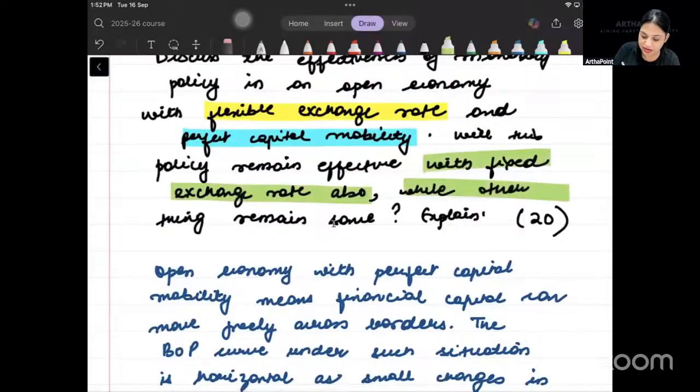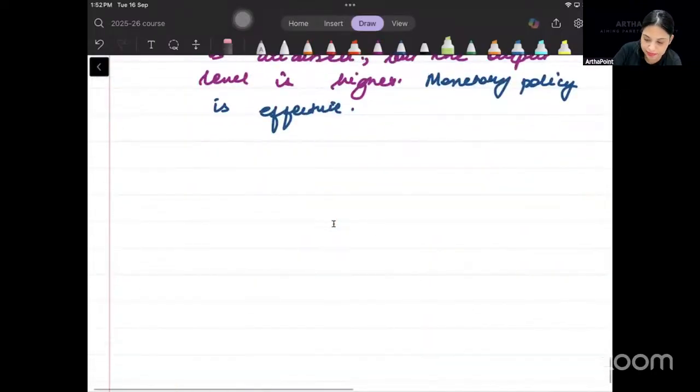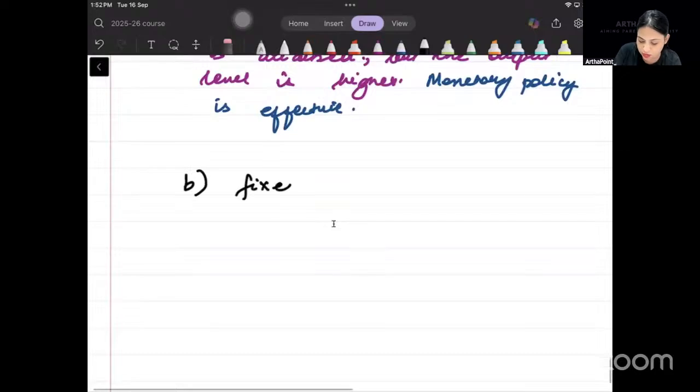Right? Now the question says, will this policy remain effective with fixed exchange rate also, while other things remain the same? So write down part B. Fixed exchange rate.